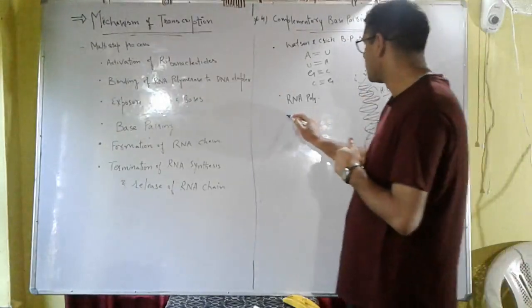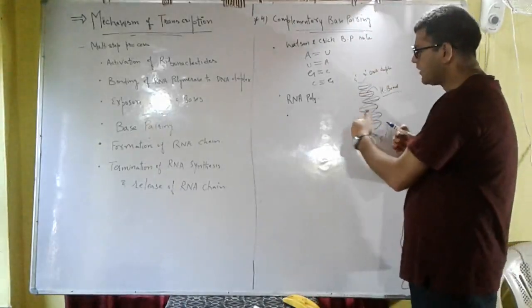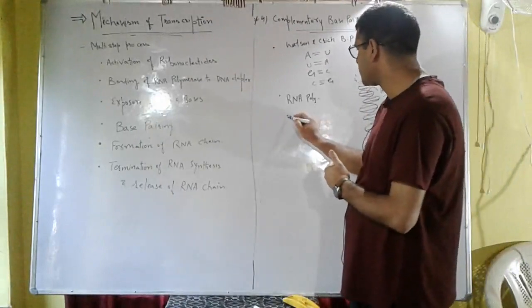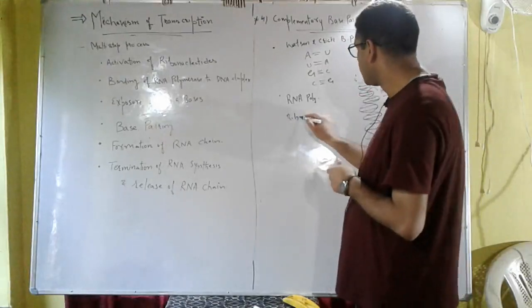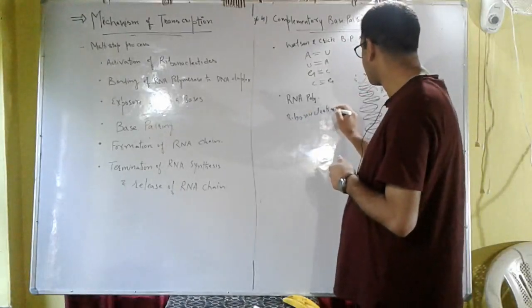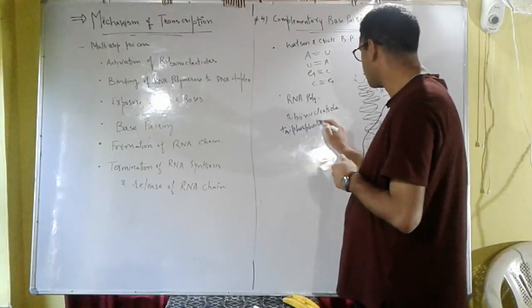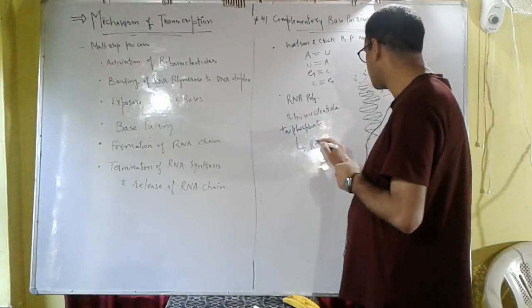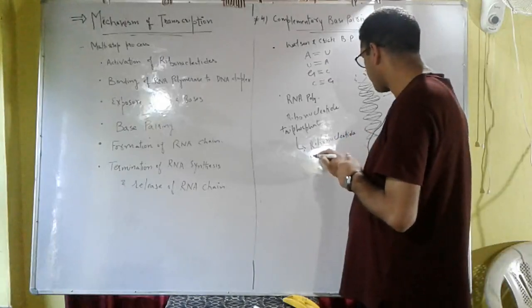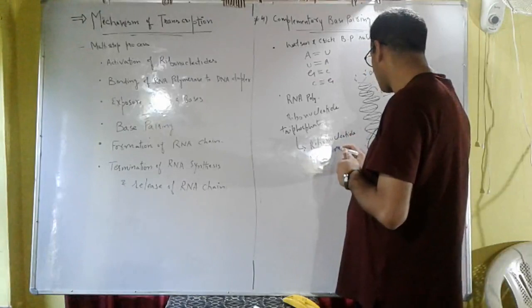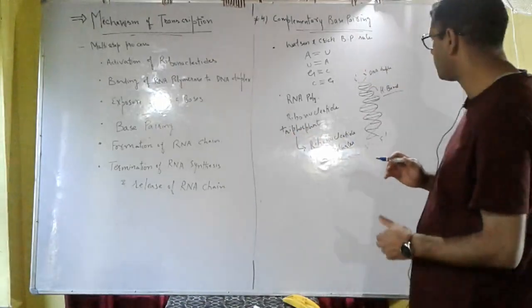So in addition to this, these ribonucleotide triphosphates, when they are joined, release their pyrophosphate group. So we can say that ribonucleotide triphosphates become ribonucleotide monophosphates.